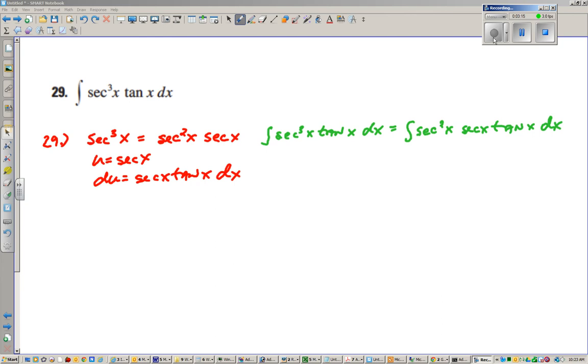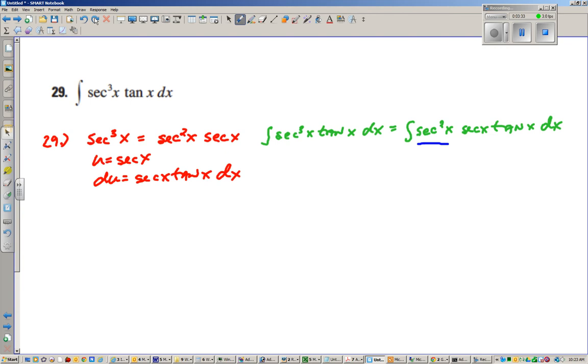And I've done that because the derivative of secant is sec tan. So I'm sort of looking ahead and planning and thinking about these pieces and parts.